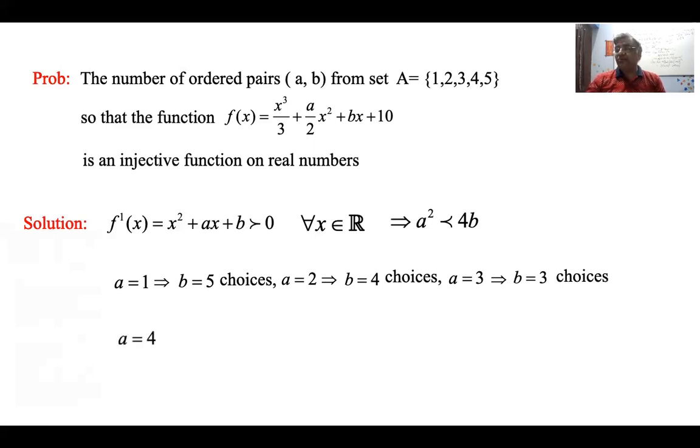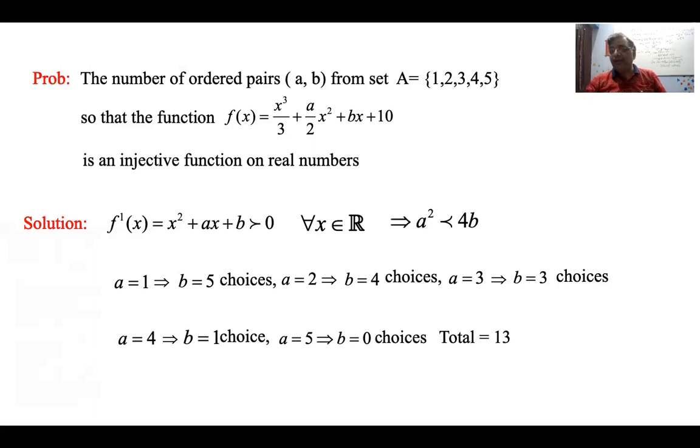When a is equal to 4, 16 must be less than 4b. In that case, b has only 1 choice, that is 5. And when a is equal to 5, b has no choices at all. So the total number of such ordered pairs is 13. What are those 13?